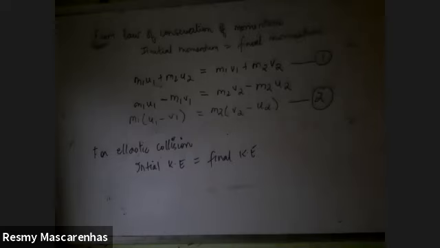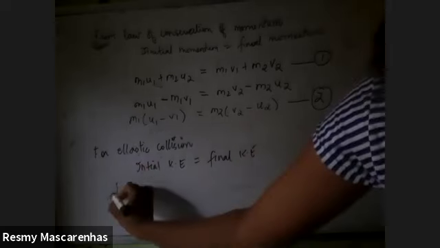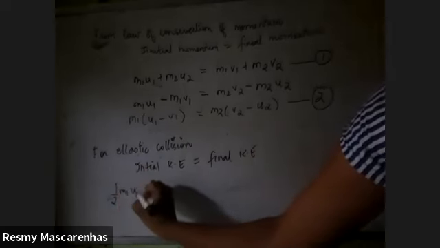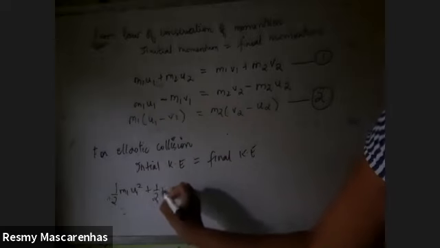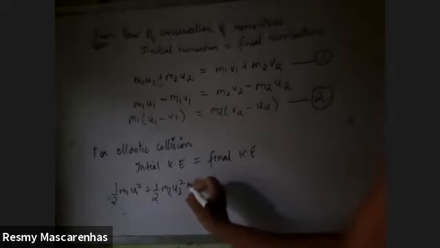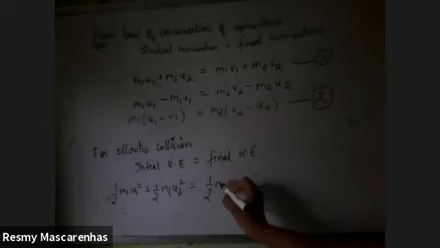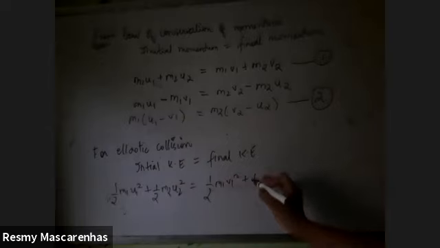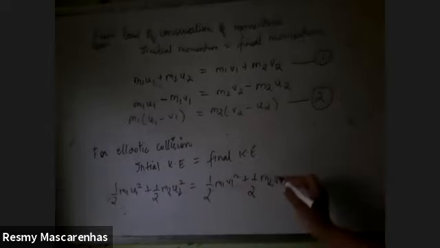That is, kinetic energy is conserved. So write half m1 u1 square plus half m2 u2 square equals half m1 v1 square plus half m2 v2 square.